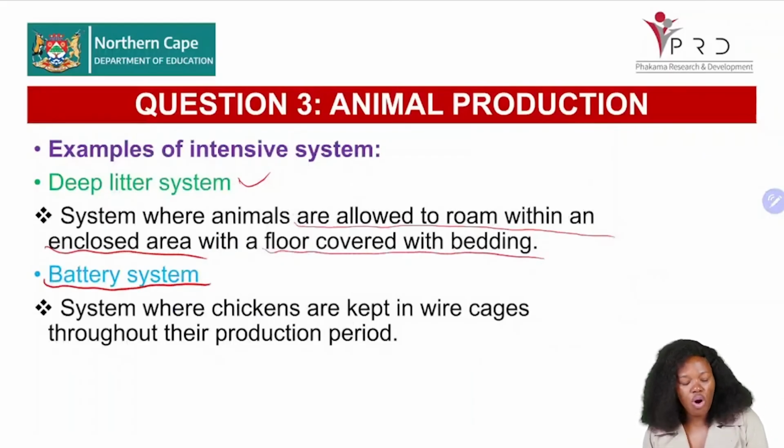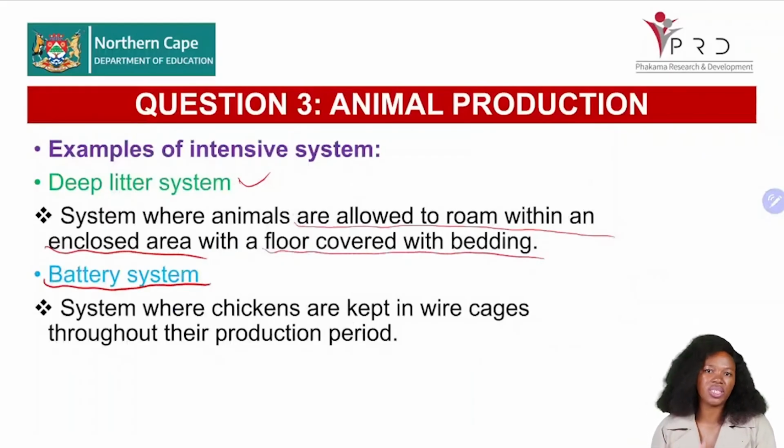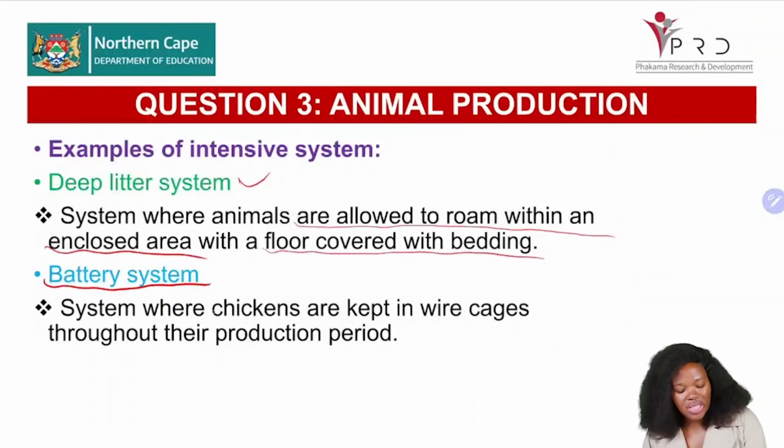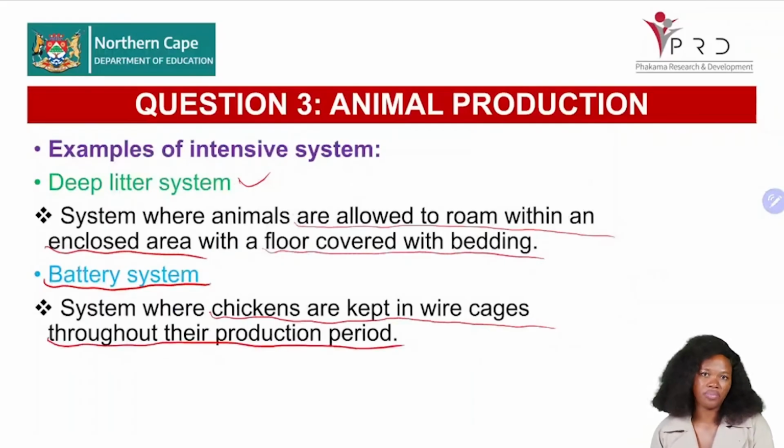Another example of the intensive production system is the battery system, where chickens are kept in wire cages throughout their production period. Examples of chickens kept under this system are layers, those that are producing eggs.